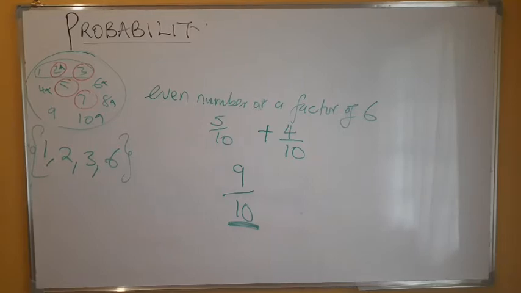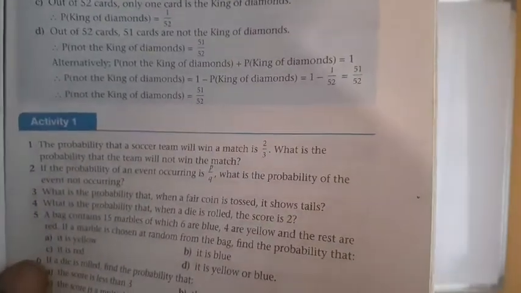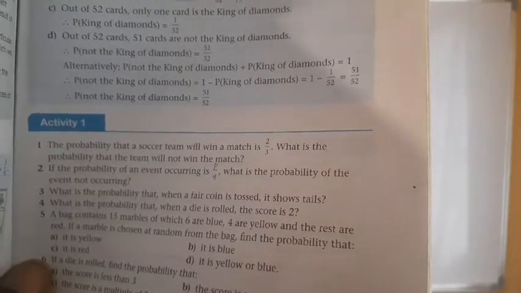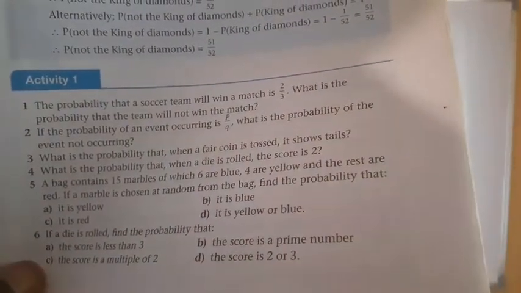All right? So these are questions that I want you to do. Question 1 sometimes can be given as a fraction, like I did mention. My interest is question 1, question 5, and 6.